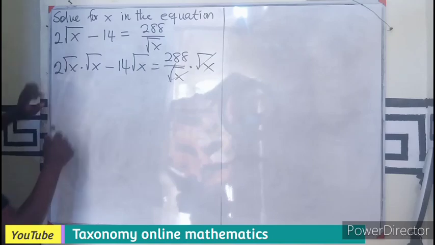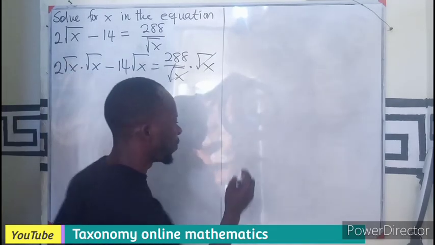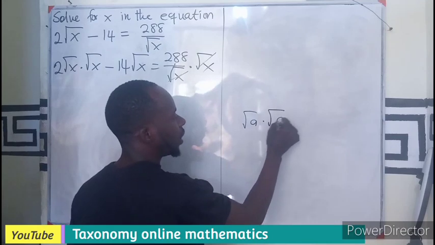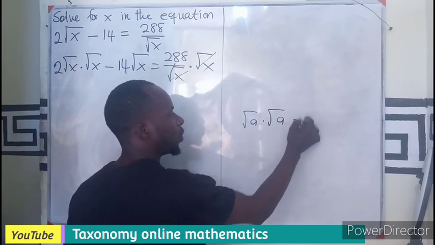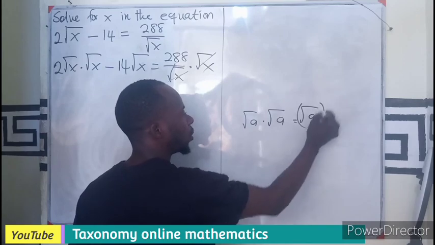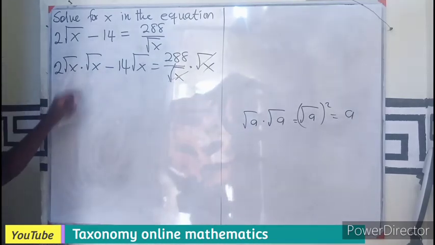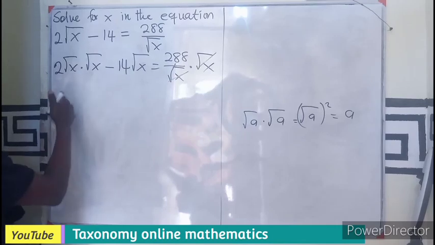So here you learn that if you have root a times root a, this gives you the root of a squared, meaning you get a. So this multiplying simply means that the root will go and the x will remain.